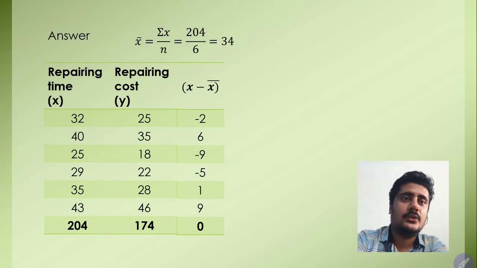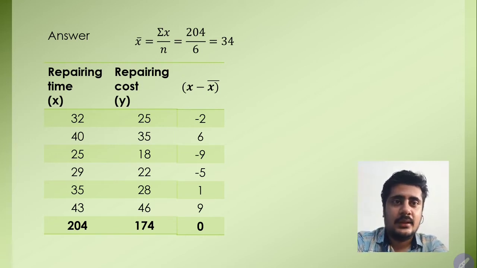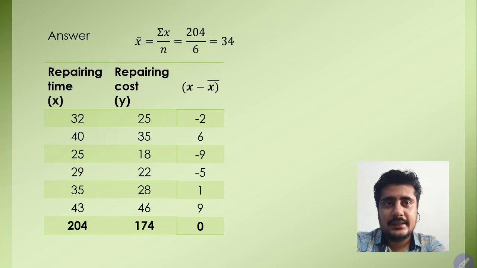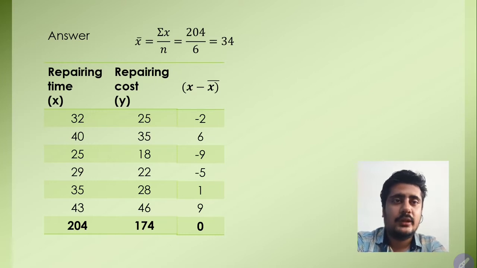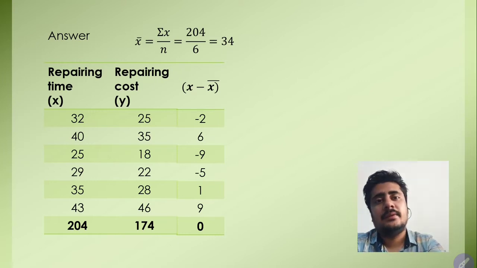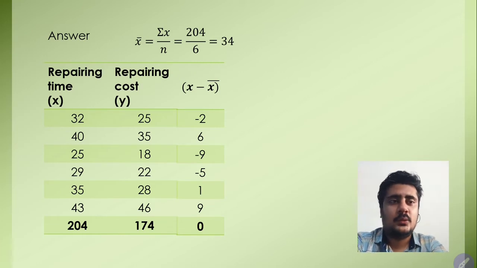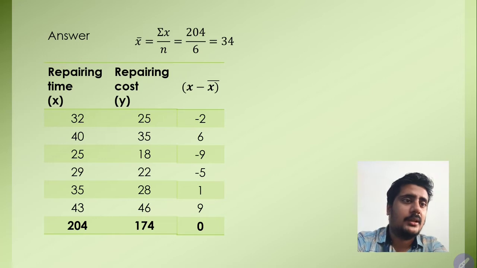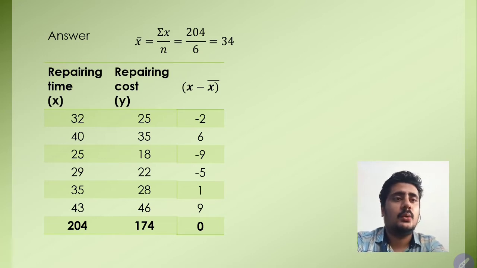So 32 minus 34 is minus 2, then 40 minus 34 is 6, 25 minus 34 is minus 9, 29 minus 34 is minus 5, 35 minus 34 is 1, 43 minus 34 is 9. Total of x minus x bar is always 0. You can write it anywhere. This is the property of mean.